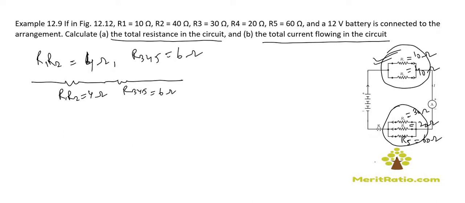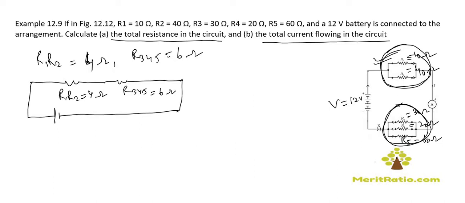These two combinations are now in series combination, and it is given that the value of V is 12 volt. So we can add a 12 volt battery.